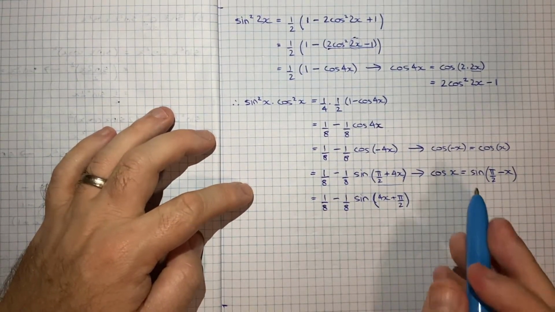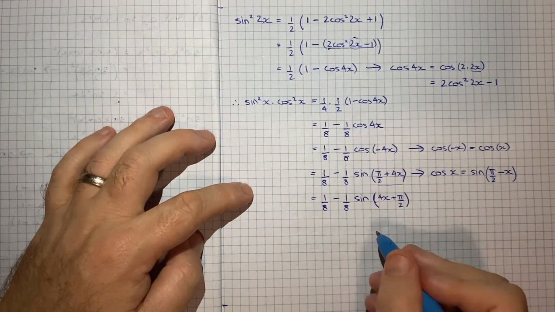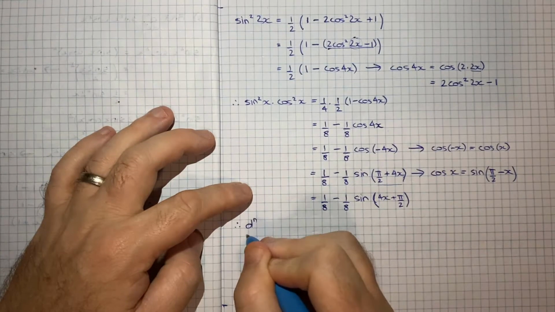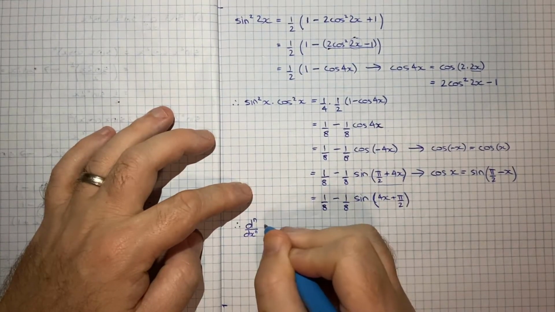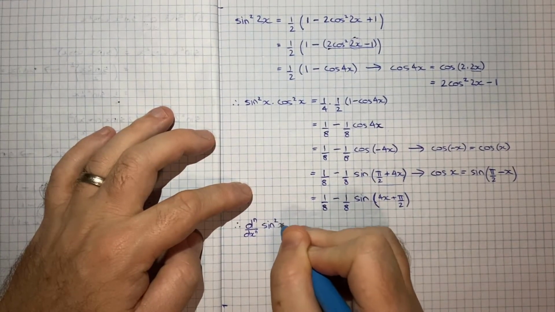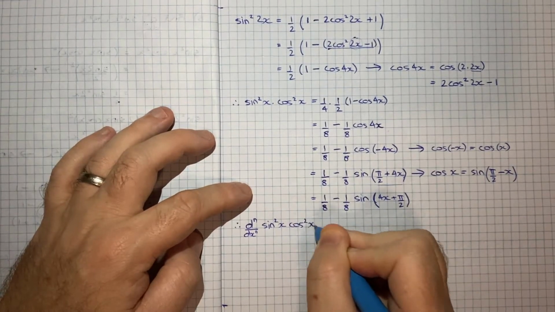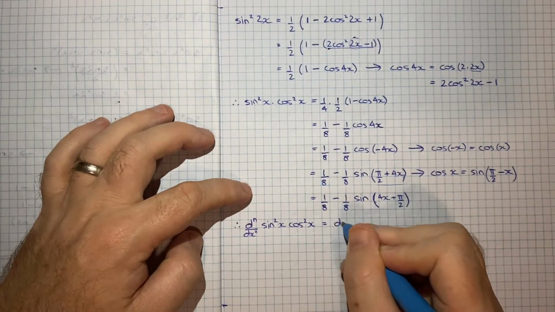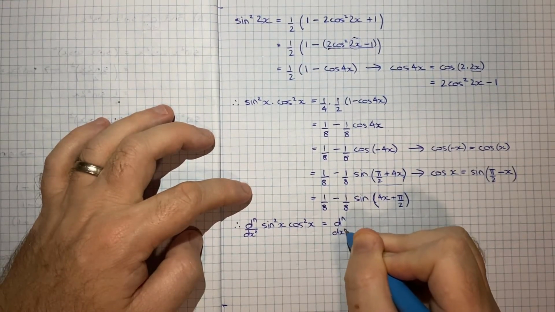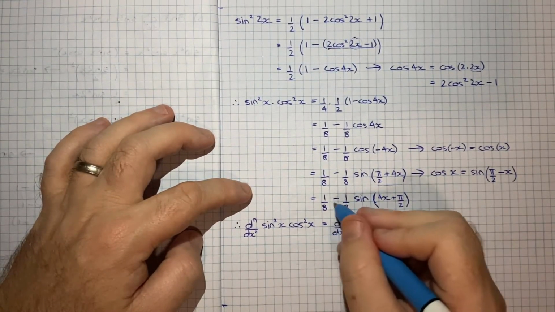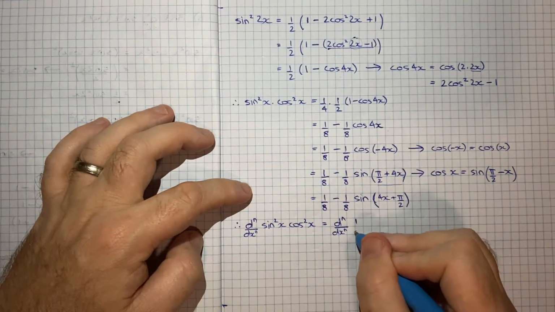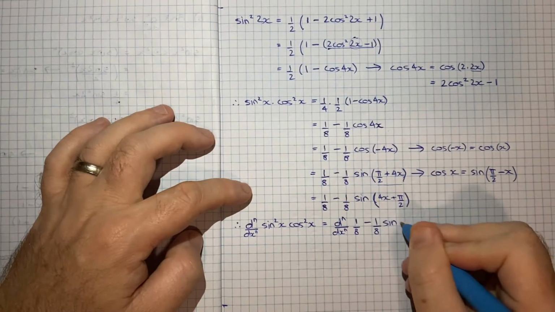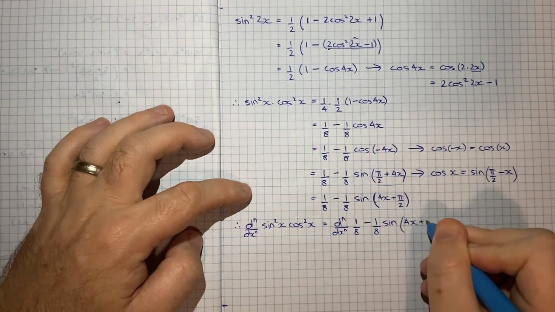Alright, so now we can bring this all together. We can say, therefore, the nth derivative with respect to x of sine squared x cos squared x, what is that equal to? Well, that's equal to the nth derivative with respect to x of this whole thing here, 1 on 8 minus 1 on 8 sine of (4x plus pi on 2).